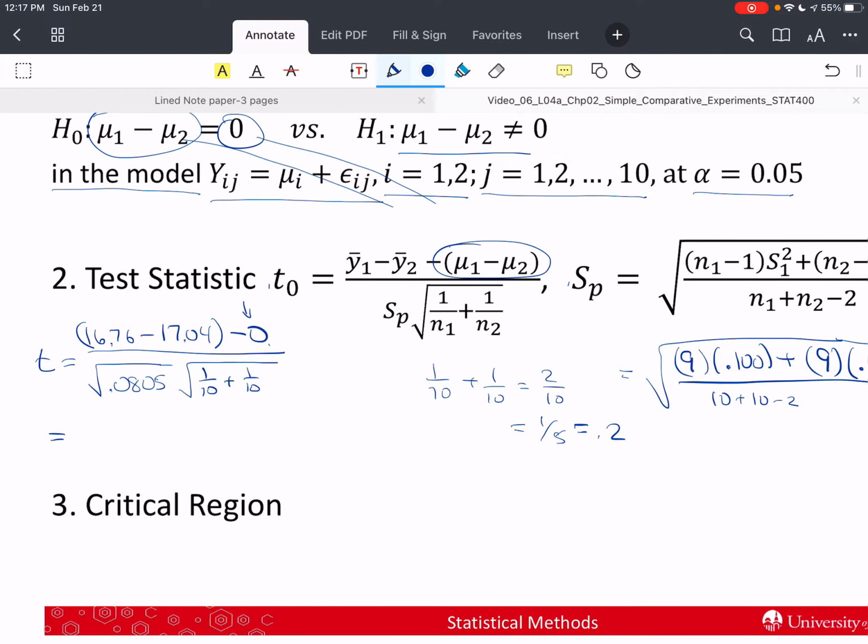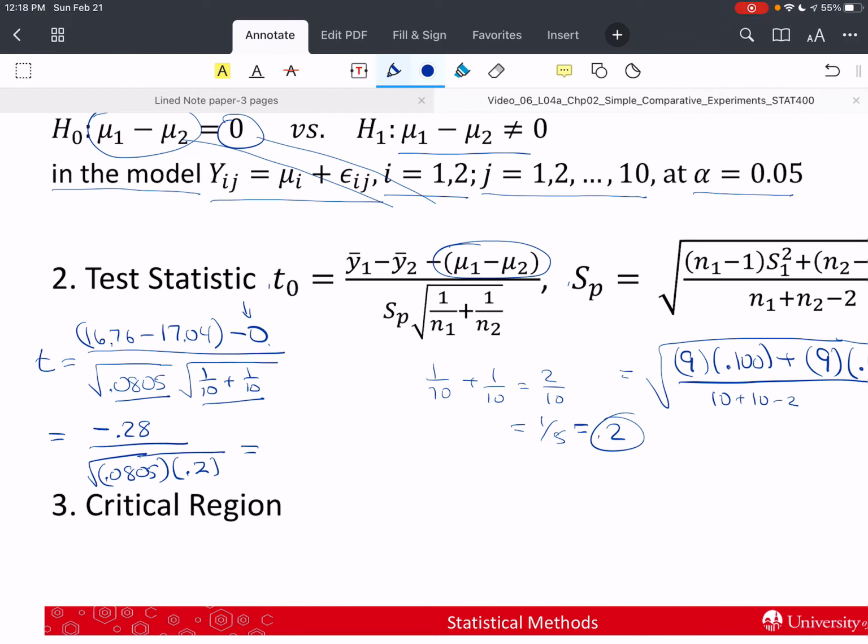So this becomes negative 0.28 divided by the square root of 0.0805 times 2. Remember that when you multiply or divide square roots, same root, then you can combine them. So this times this, and we said that that was 0.2.